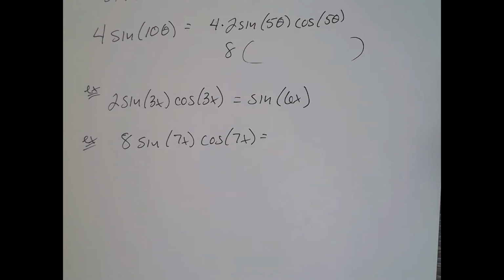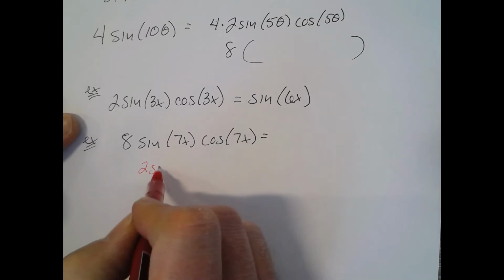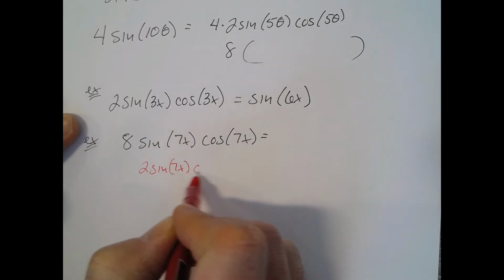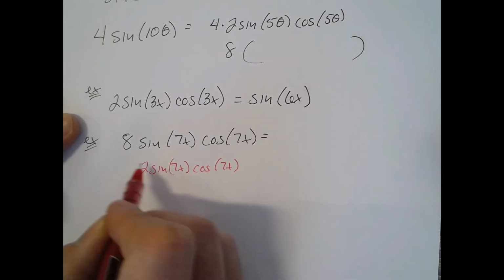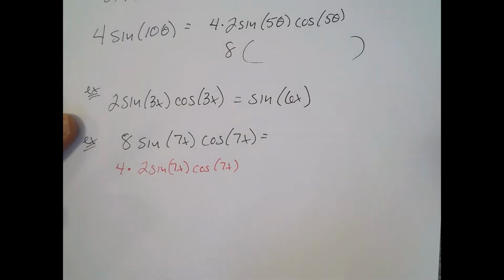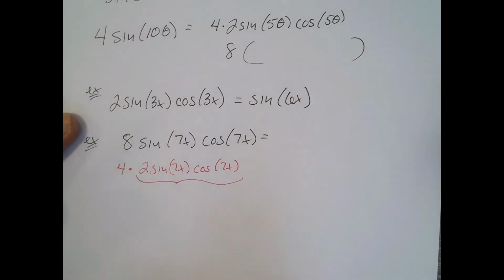No. 4 sine 14x. Because you basically cut that one in half. Okay, remember you got to grab a 2, so we do need that 2. And then we need to rewrite this amount, which is what?